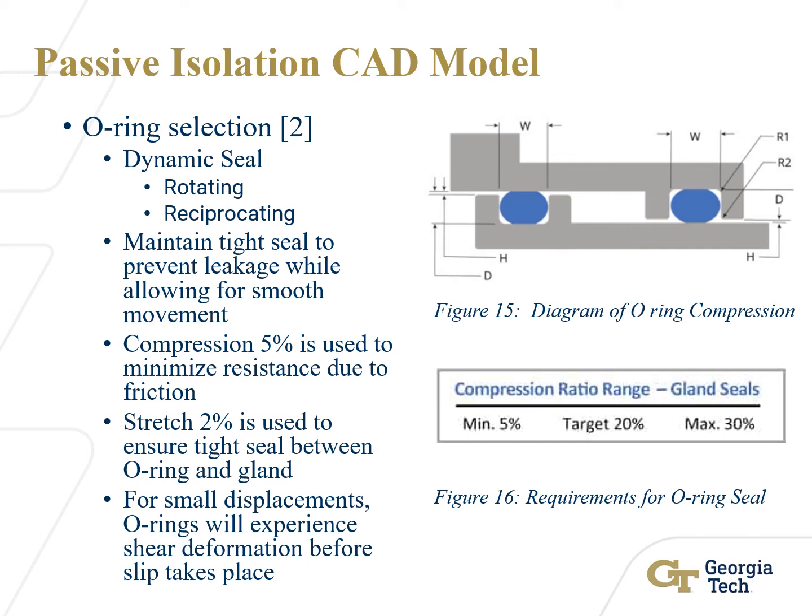Keeping this in mind, we decided to use 5% compression on the sealing surfaces to overcome resistance due to friction and stretch the O-ring 2% to ensure a tight seal between the O-ring and the gland. While resistance due to friction is low, there may be insufficient slip between the sealing surfaces for small displacements, in which case the O-rings would experience shear deformation, which would provide isolation.